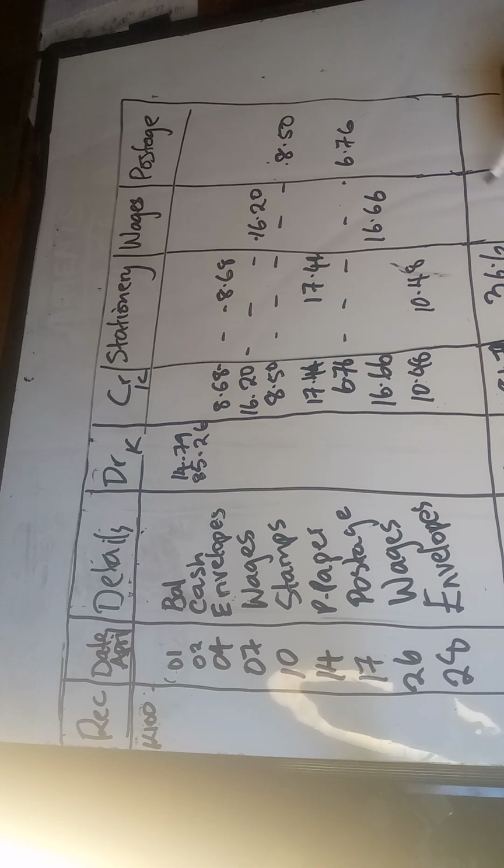In the wages, when we add it up, we will come up with 32.86. Then in the postage column, we have 15 kwacha 26 ngwe. Okay, all right. So we have balanced it up.